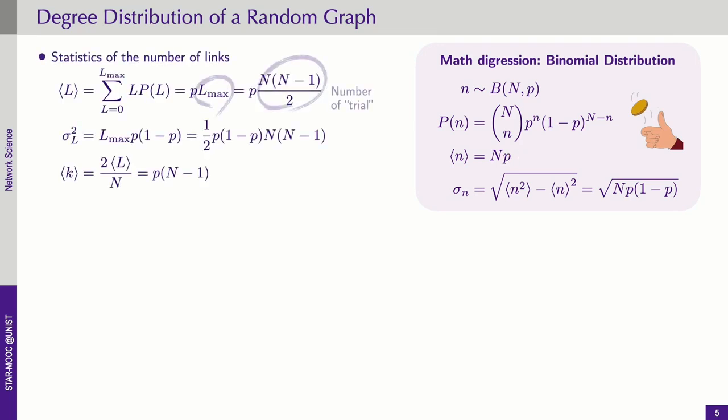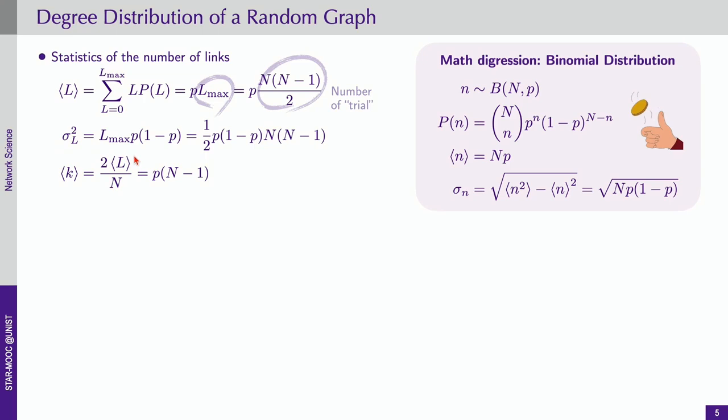From this, we can obtain the expected number of edges, which is given like this here. One potential source of confusion is that here, in the vignette on the right-hand side, capital N itself is the number of independent trials. But the total number of vertex linking trials is not n, but L_max, that is n times (n minus 1) divided by 2. Variance is easily computed like this.